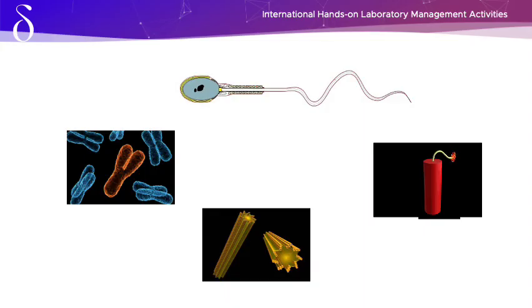Let's get on to the sperm. So spermatogenesis is composed of 3 phases: proliferation of cells by mitosis, reduction of the chromatin content by meiosis, and finally differentiation of the spermatozoa in a process called spermiogenesis.